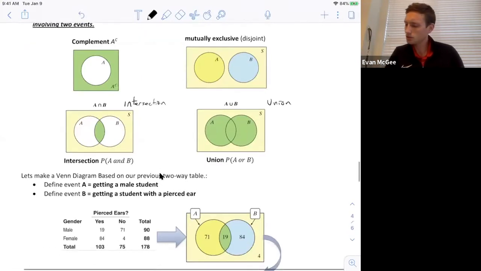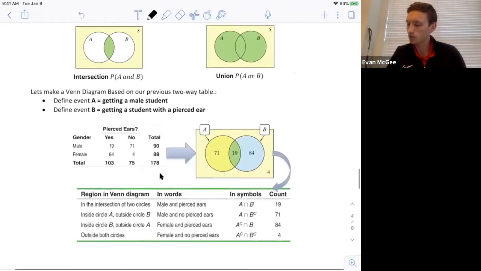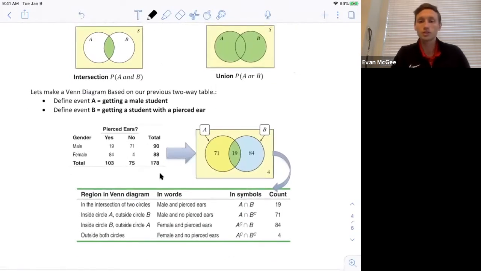So let's use the previous example that we had to create a Venn diagram from our two-way table. So we had pierced ears and males and females. So this intersection where they were both male and had pierced ears is going to go in the middle, in the overlap, because B was having a pierced ear and A was being male.